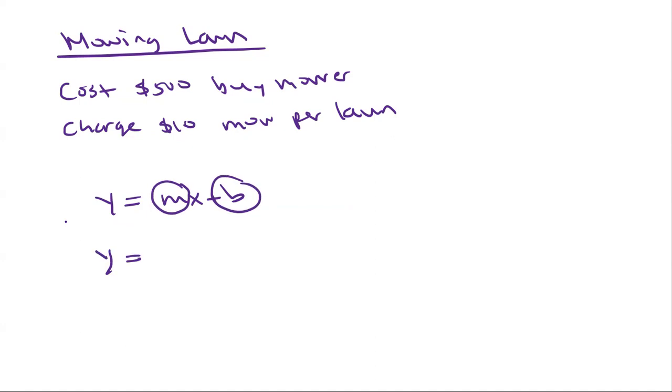What's going to be my m? What's my m? Good, 10, right? Hopefully you wrote down 10 because that's how much you're charging per lawn. That's the rate, that's your slope. So $10, 10x.